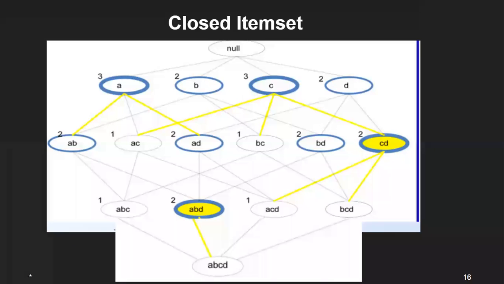The value must be greater than the minimum support value we are considering. And the second thing, an item set is closed in the data set if there exists no superset that has the same support count as this original item set. This is a very important point we have to consider here.